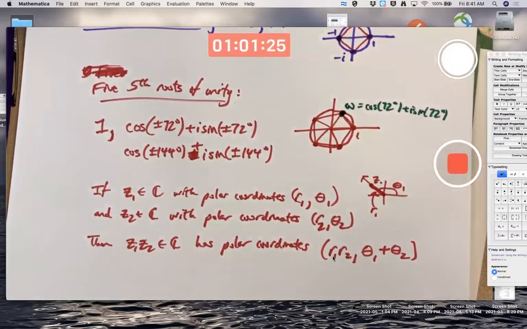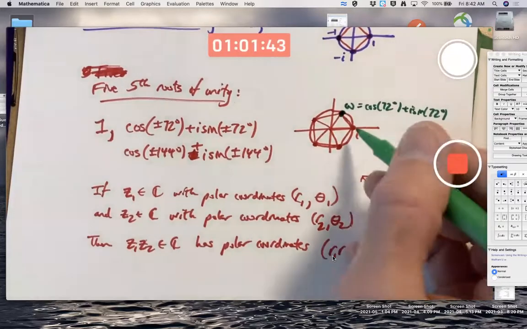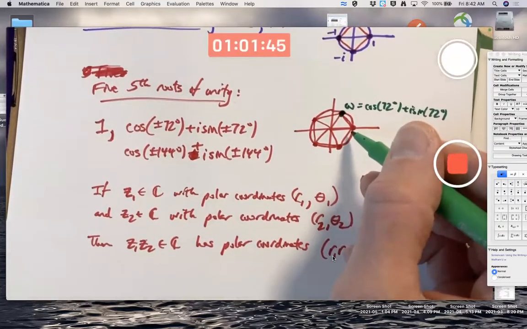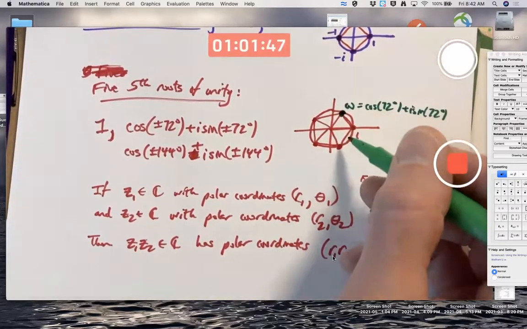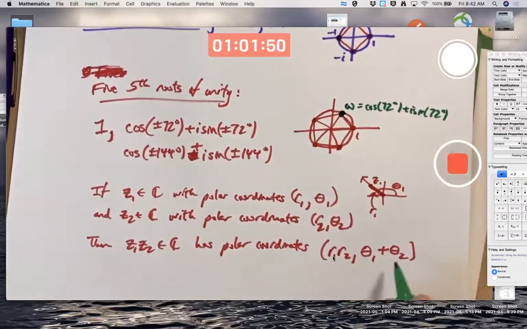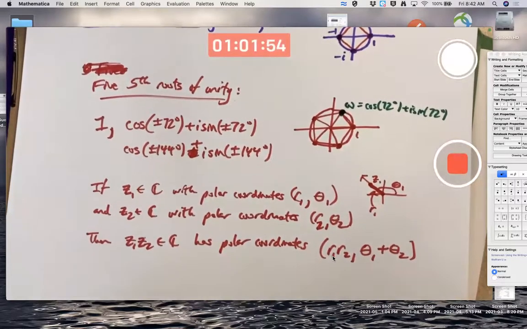If I raise it to the fifth power, the distance to the origin, the radial coordinate, stays at 1. 1 to the fifth is 1. What happens to the angle? It gets added to itself with 5 terms, 72 times 5, which is 360 degrees. That's why you're back to 1 when you raise it to the fifth power, because you've gone around 360 degrees when you keep adding the angle. 72 degrees plus 72 degrees plus 72 degrees plus 72 degrees plus 72 degrees.